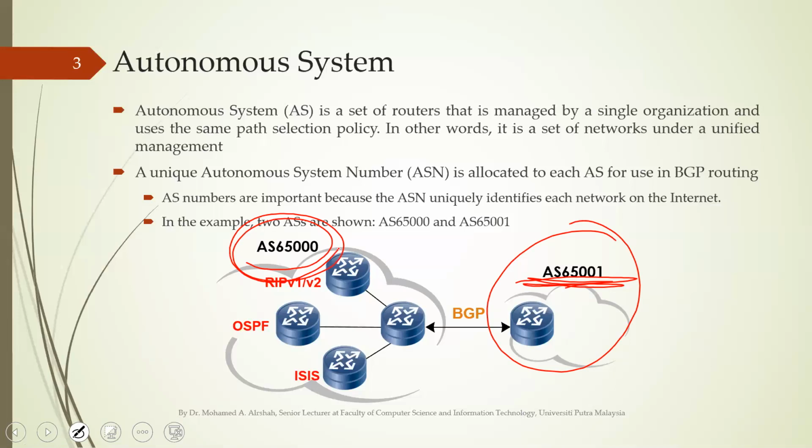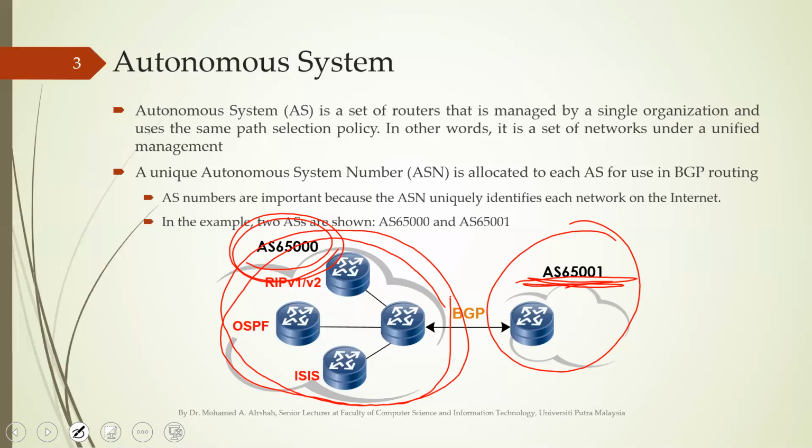So as you can see here, this system is supposed to be owned by a certain organization, and they have to implement the same path selection policy. And also it's supposed to be managed by a unified management at the same time.